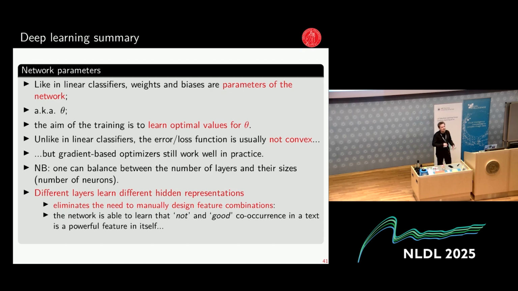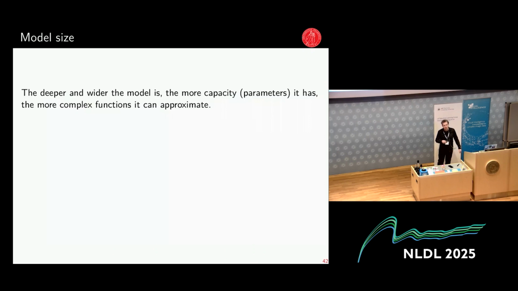But nowadays, with deep neural networks, we have models that are able to learn themselves that the fact that the words not and good occur in the sentence is a feature which should be taken into account, right? Something is not good. Yep.